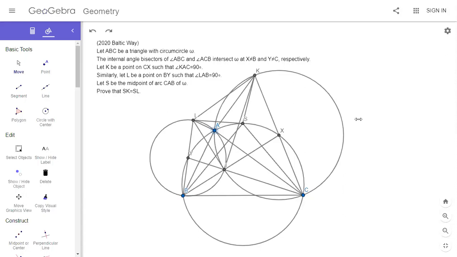So arc BY equals AY equals SX equals XC. Or arc BY doesn't equal XC, but arc BY equals SX.